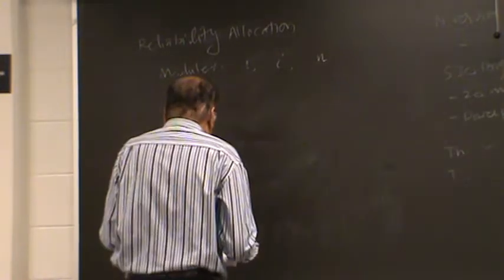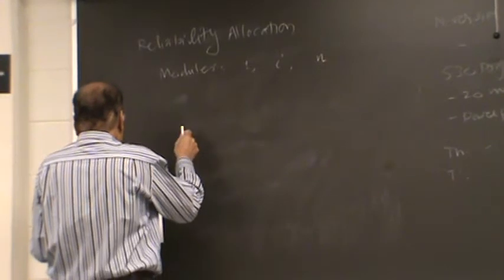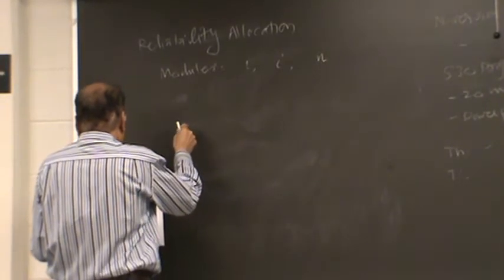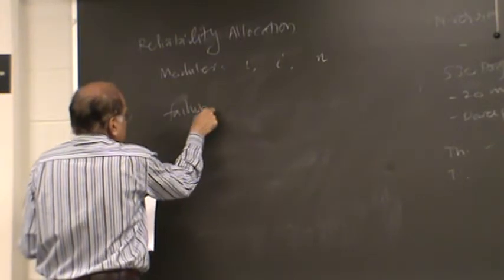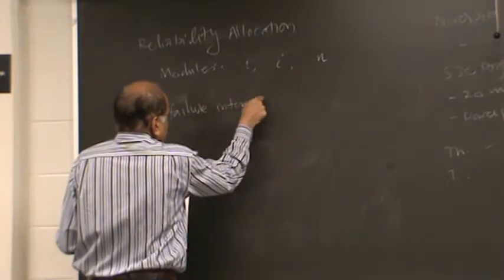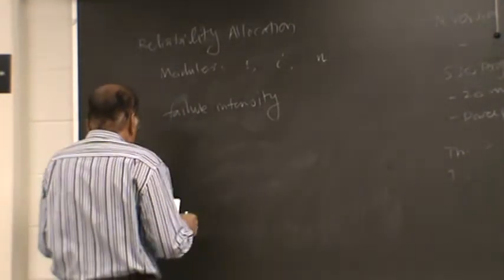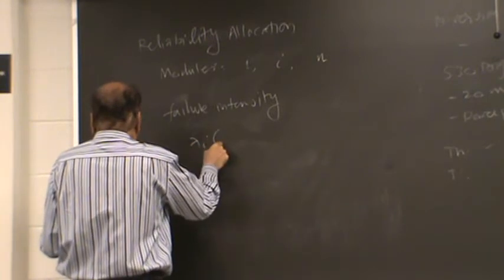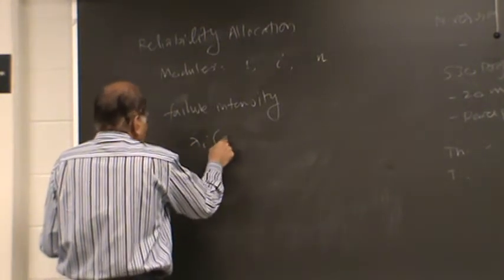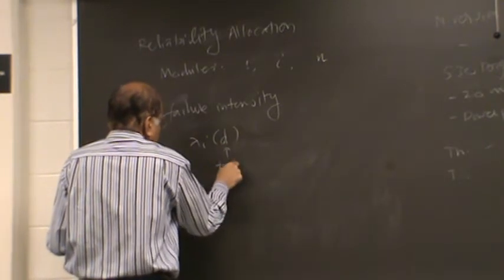Let us assume that from a module i, the failure intensity is given by the exponential model. So we say lambda_i, which is a function of the testing time. So this is the testing time.